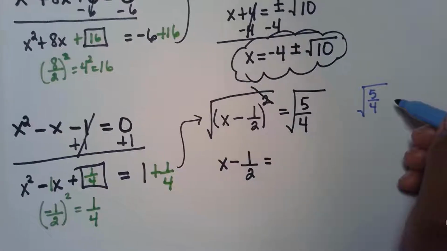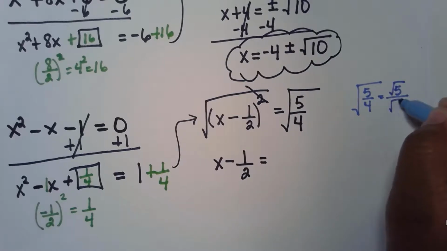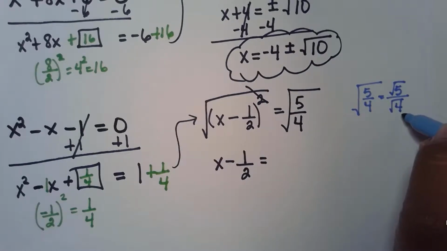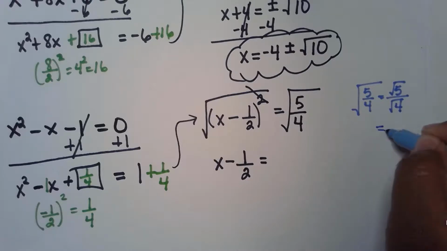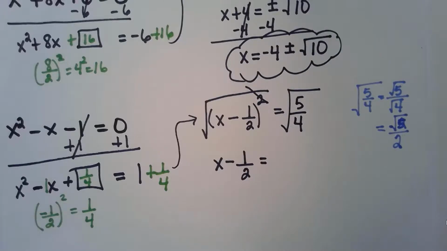I can write this as two separate radicals, the square root of 5 over the square root of 4. Notice that this 4 is the perfect square in the denominator. So the square root of 4 is 2, and the square root of 5 is going to stay in the numerator as a radical.